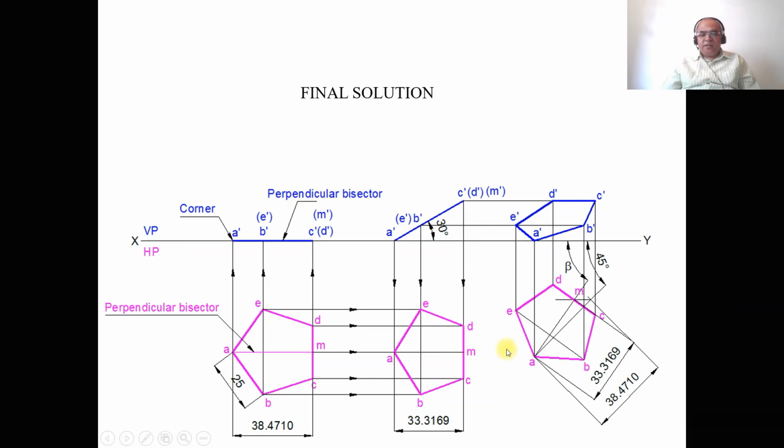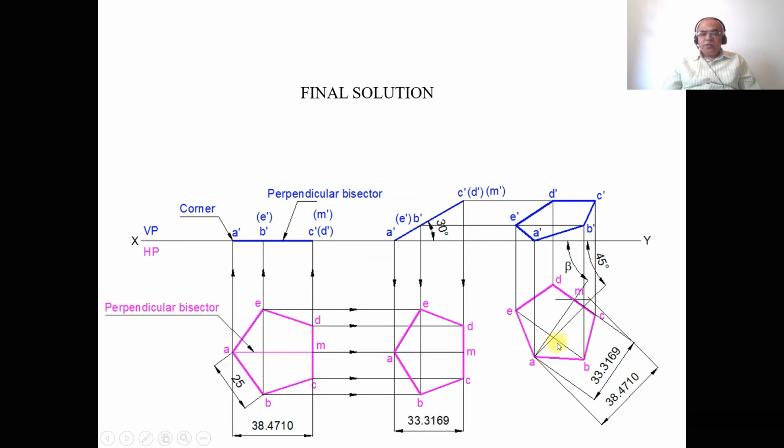So take any convenient position from the second position top view, mark this point as A, and draw a horizontal projector here. Then with A as center, using the protractor, you measure an angle of 45 degrees with respect to the horizontal, and you draw a 45 degree line, as shown here.